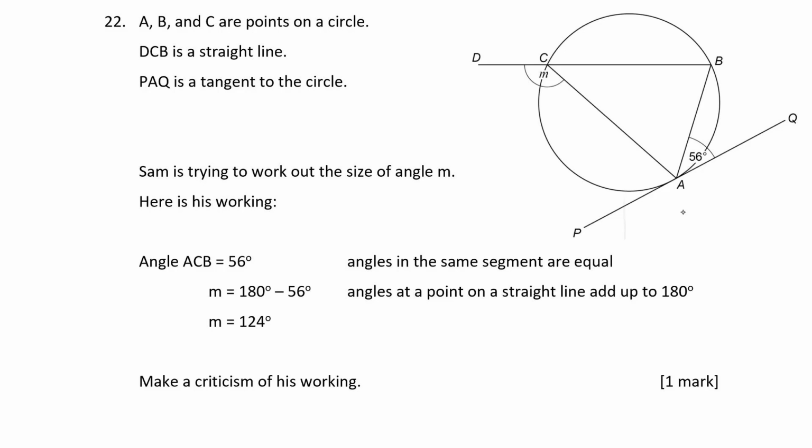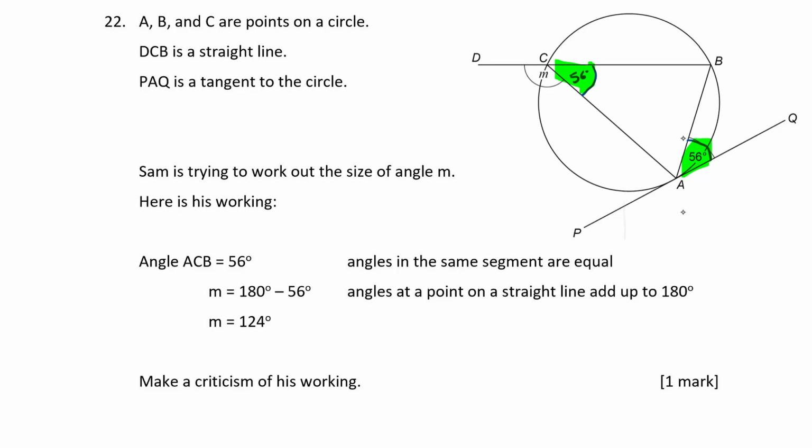Okay. Well, how would I work out this? I would note the fact that that angle down there is 56 and use it to work out this angle up here. Now this angle is also going to be 56 because these two angles are equal because of the alternate segment theorem.